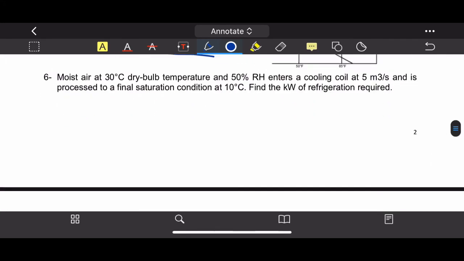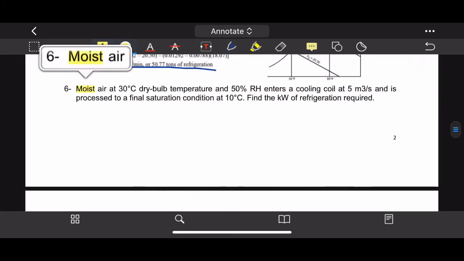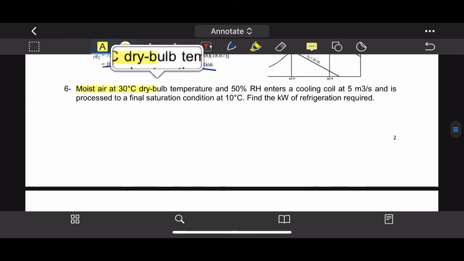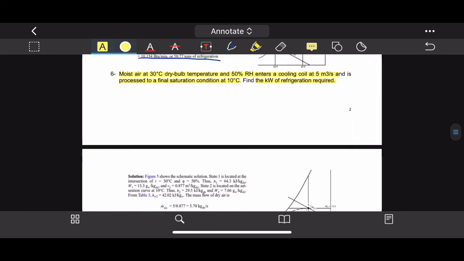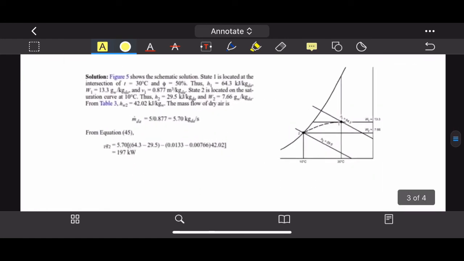Now, question 6, the last one. Moist air at 30 degrees dry bulb temperature, 50% RH enters a cooling coil at this volumetric flow rate. Now this is SI unit, 5 meter cube per second, and is processed to final saturation at 100% RH, and it is cooled down to 10 degrees Celsius. Find the kilowatt of refrigeration required. So that is your cooling load for SI.